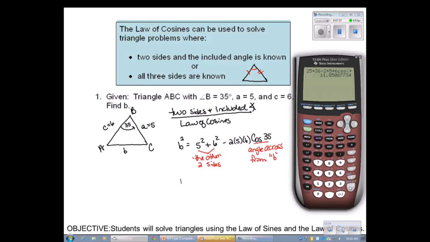We're solving for just b, so you're going to take the square root of that. Second square root, second answer, enter. 3.443. All right, so this was two sides and the included angle, and we used law of cosines.